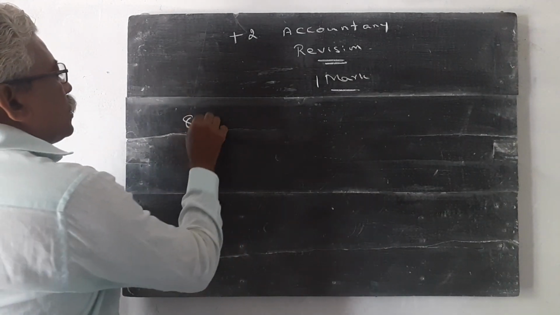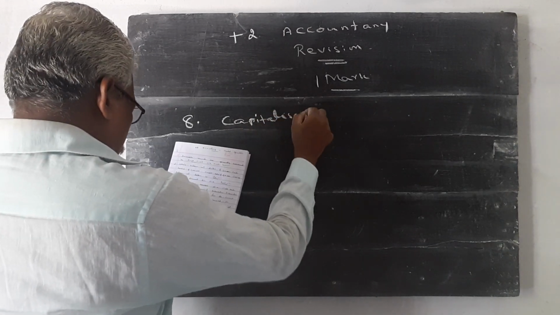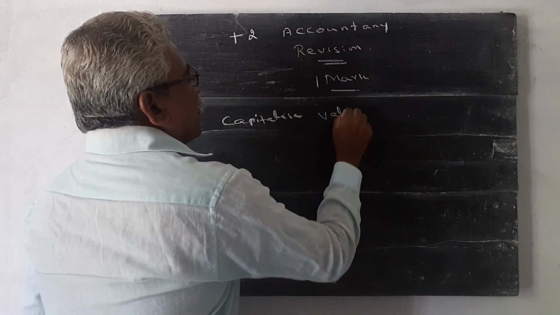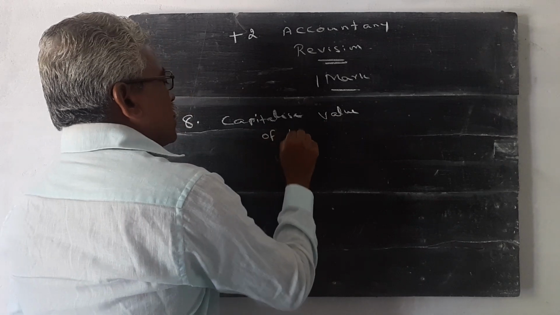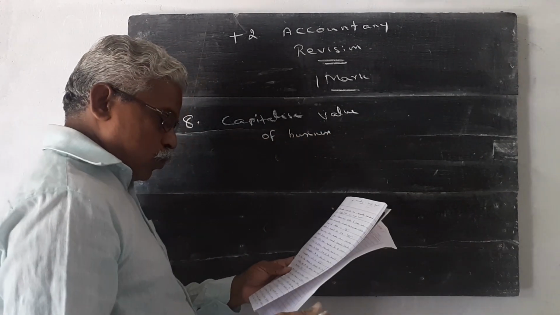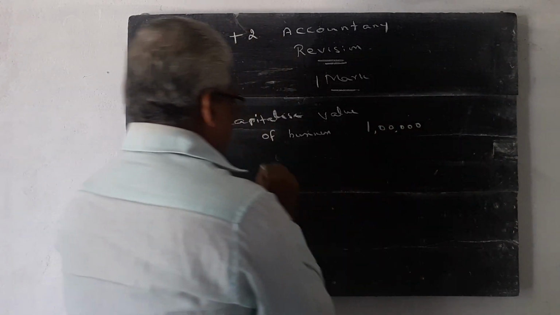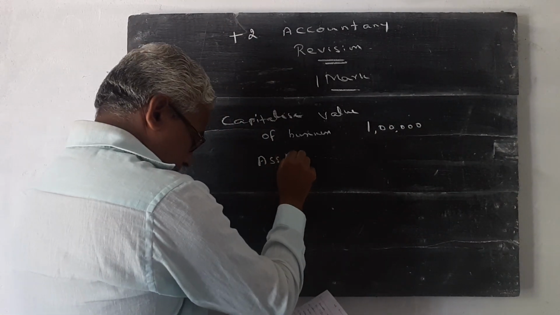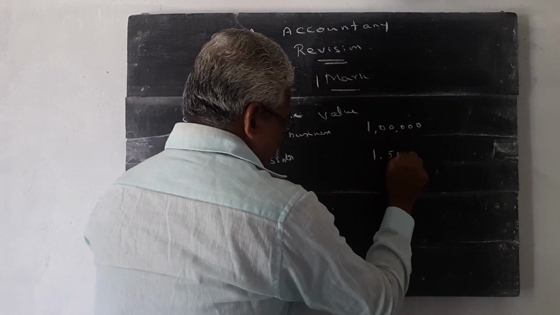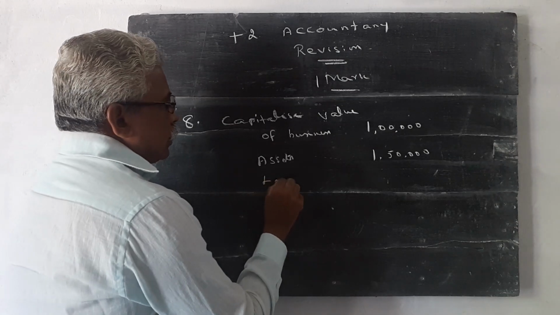Question number 8. Capitalized value of business is rupees 1 lakh. Assets value is 1,50,000.